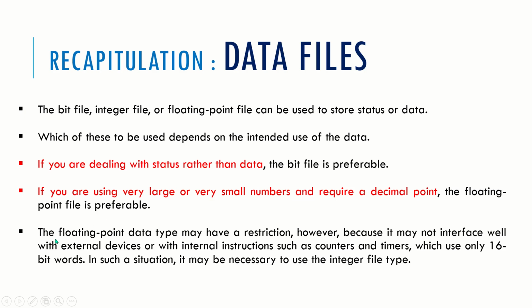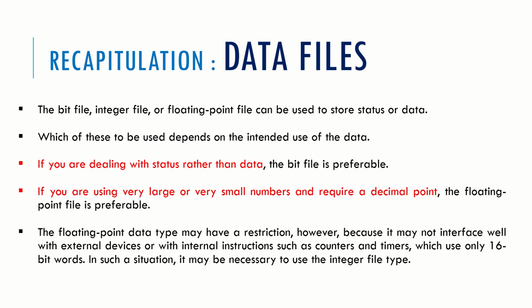Now you should know one thing: the floating point data type has a restriction. Okay, because it may not interface well with external devices or internal instructions such as counters and timers, which use 16-bit words. In such a situation, you always prefer the integer file type. That's why it is safe to use an integer file type for most applications.